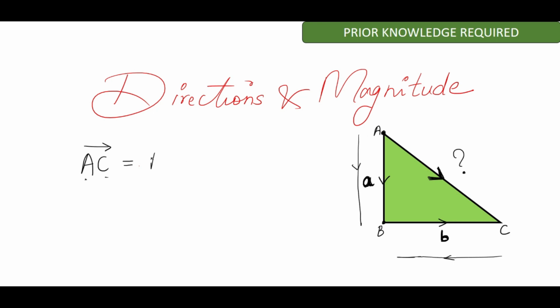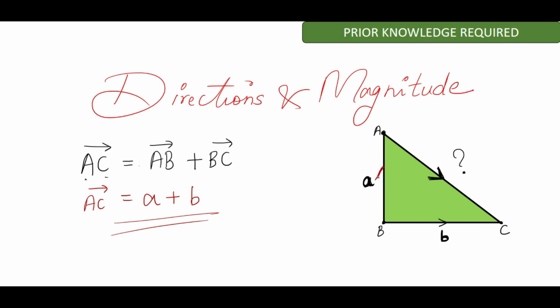So you can say it's AB vector, and from B you're moving towards C. So vector AB plus vector BC is equal to vector AC. So here in this case you can write AC vector is equal to a plus b.